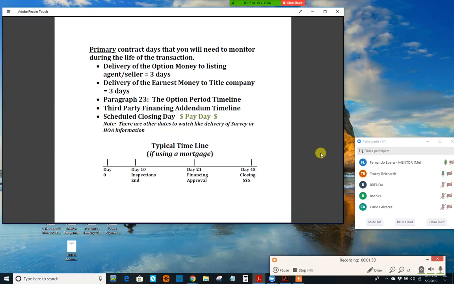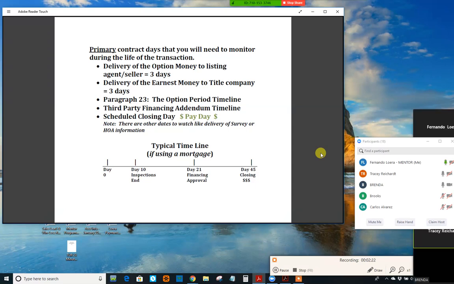The timeline I have here was 45 days, which is if the buyers are using a mortgage loan. The timeline would be shorter if it's a cash deal. Typically, cash deals are 30 days max, but they could be 3 weeks. Again, you have to envision the timeline.